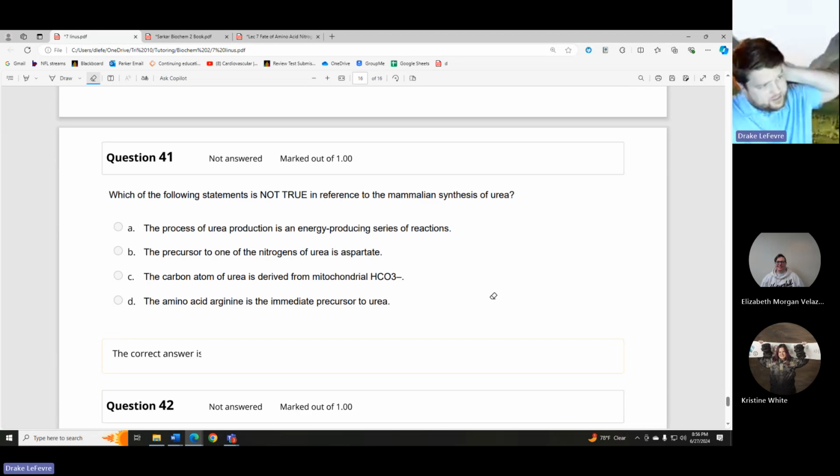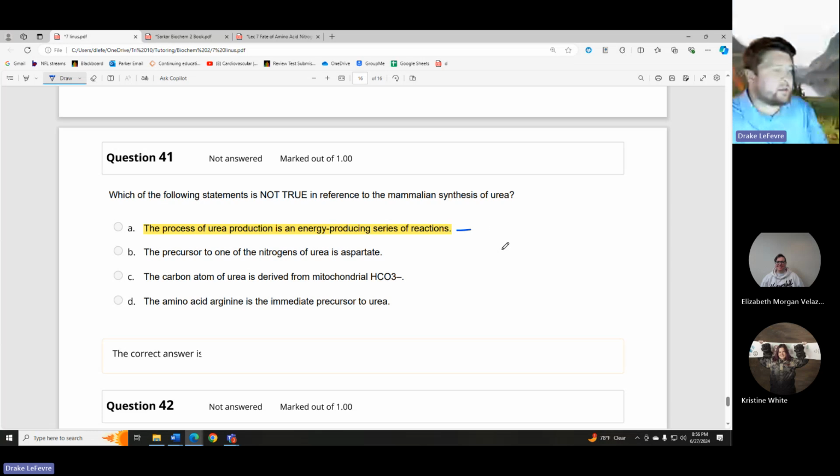Which of the following statements is not true in reference to the mammalian synthesis of urea? This one will just give the answer and we can talk about why. So this is not true: the process of urea synthesis is an energy producing series of reactions.